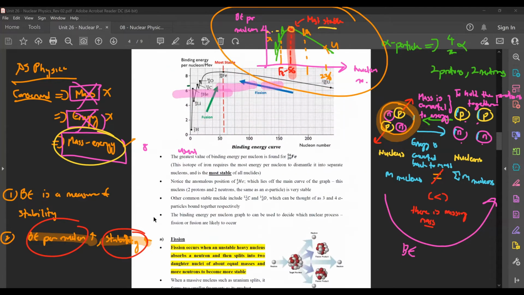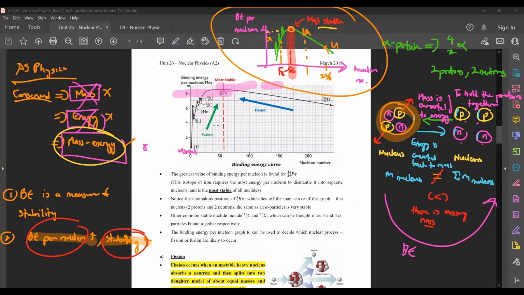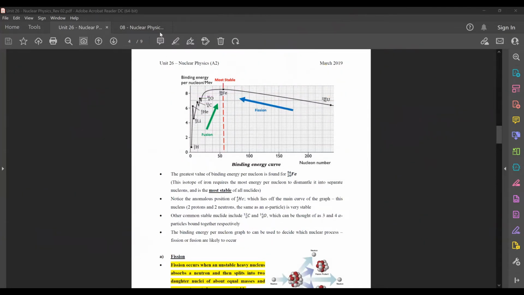So this graph actually would allow you to tell whether something is going to undergo fission or fusion in the first place. Take for example, if I look back at the graph, I have this element, uranium-238. Now, if uranium-238 wants to become more stable, it could either go down or go up.